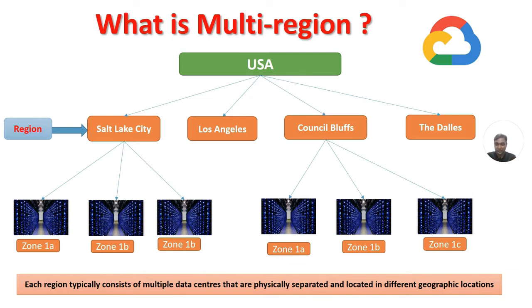Guys, multi-region architecture provides high availability and disaster recovery capabilities, reduced latency, compliance and adherence, and global scalability for cloud services, applications and services.